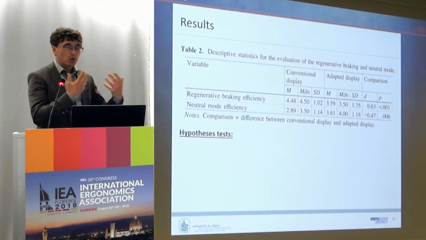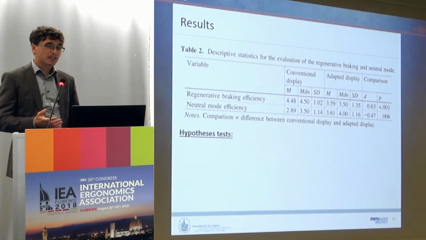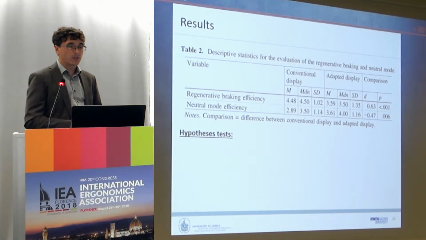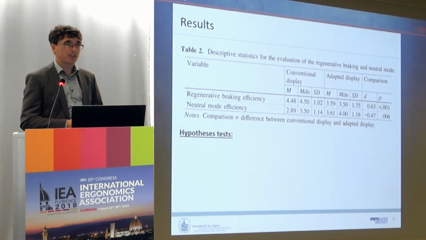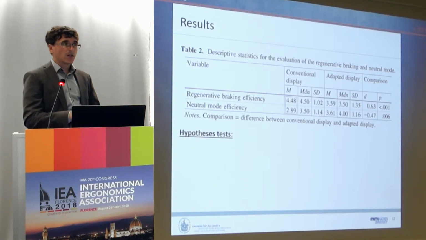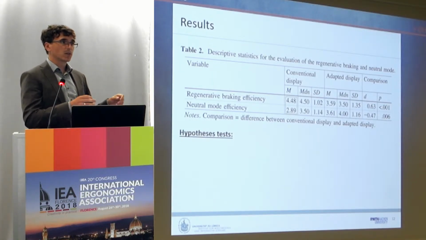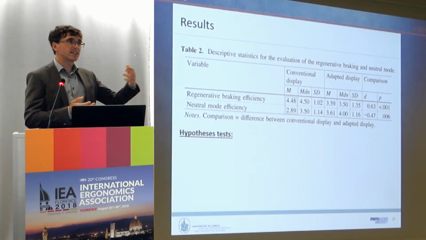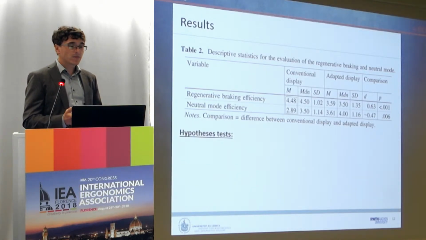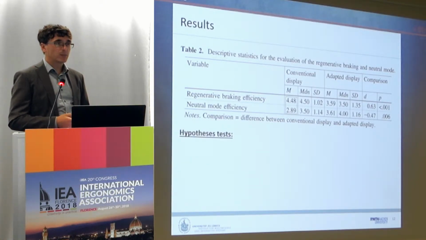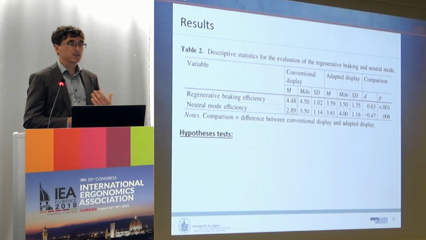This put us in a position where we could test how the energy efficiency is perceived under the scenarios in which different interfaces are presented. This is a within-subjects study. So first what we can see is that in the basic scenario, so almost the same display as they have in their current hybrid vehicle, regenerative braking is definitely perceived as more efficient than neutral mode.